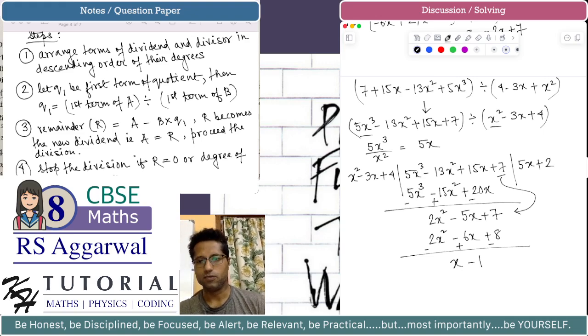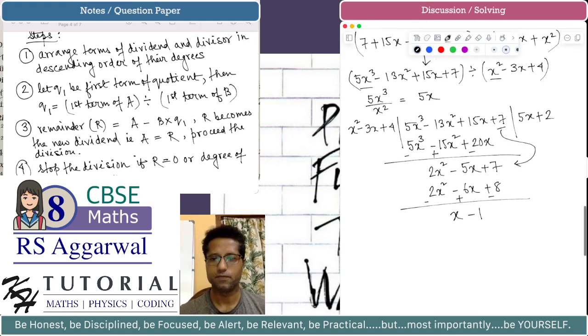Now at this stage you can see that the remainder is not 0, the remainder is x minus 1, but the degree of the remainder, which is 1, is less than the degree of the divisor. The degree of the divisor is 2. So the long division method ends, and we are getting a remainder.